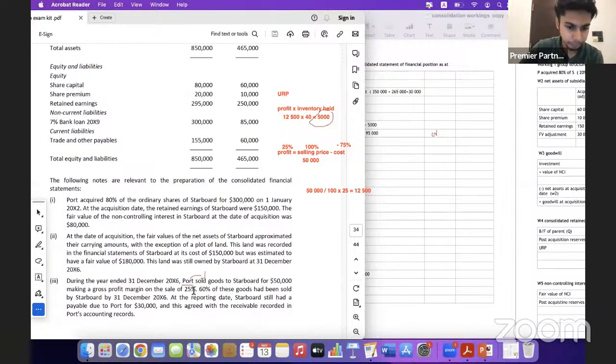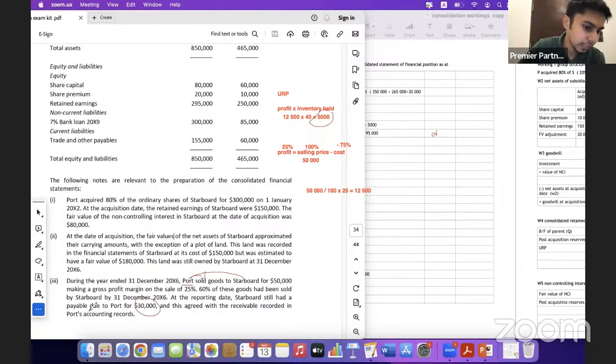Next one, guys. This is not yet done. Continue reading further. At the reporting date, Starboard still had to pay Port 300,000. Now, guys, what happened was this. The parent is selling some goods to the subsidiary, so they have sold it on credit. That means Starboard, the subsidiary, has to pay Port 30,000 rupees, it seems.